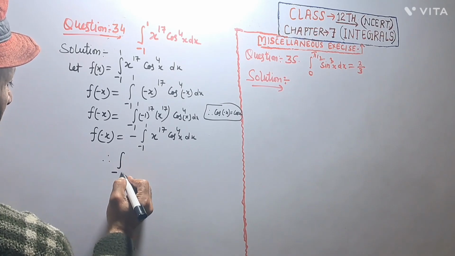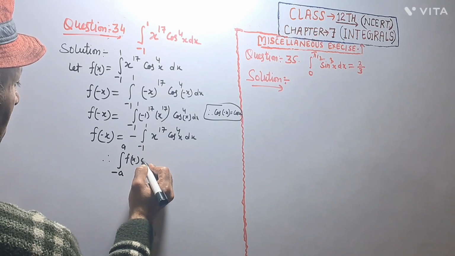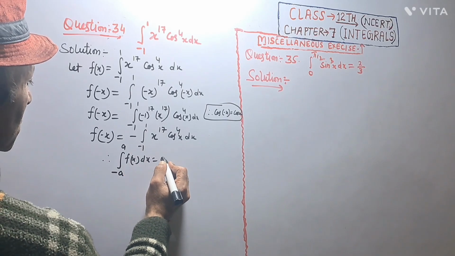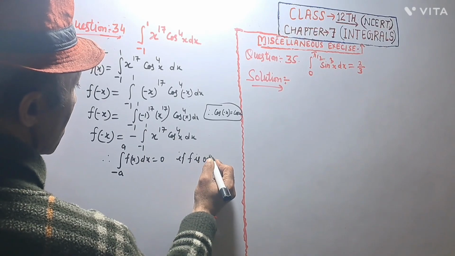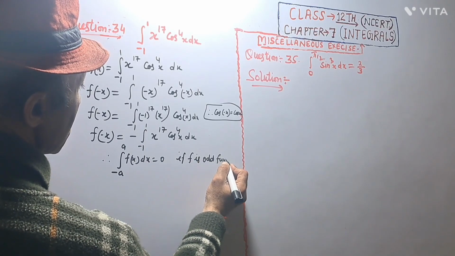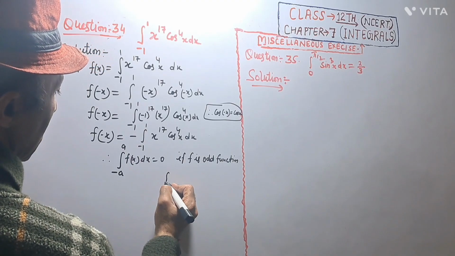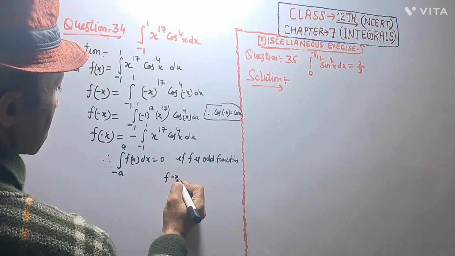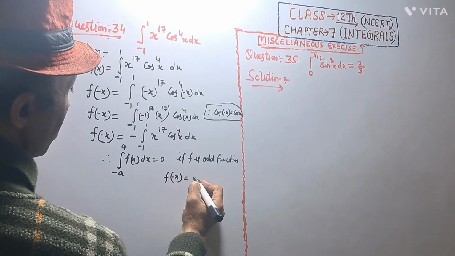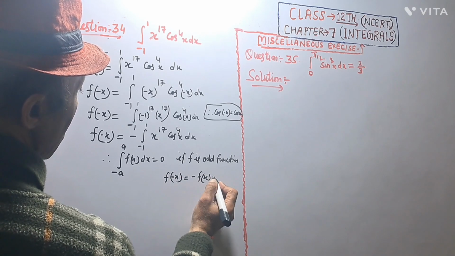So by the property of the integral from minus a to a of f(x) dx is equal to 0 if f is an odd function, and f of minus x is equal to minus times f(x).